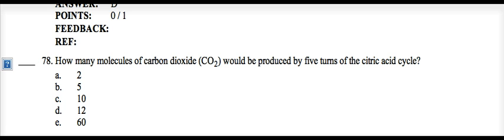Number 78. How many molecules of carbon dioxide would be produced by 5 turns of the citric acid cycle? Well, this is pretty easy as long as you know what's produced by 1 turn of the citric acid cycle. So if you are forgetting that, I'll show you a little review of that right now, and we'll return to the question.